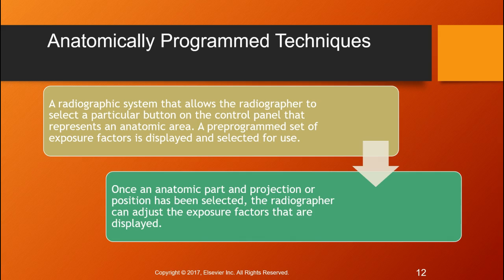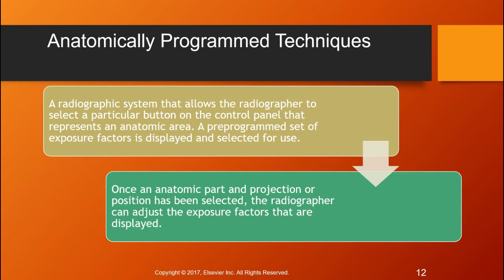Okay, now here is another step up from a regular AEC system. This is called an anatomically programmed technique. And what this does is adds another layer of automation onto your AEC or AED system that you're using.